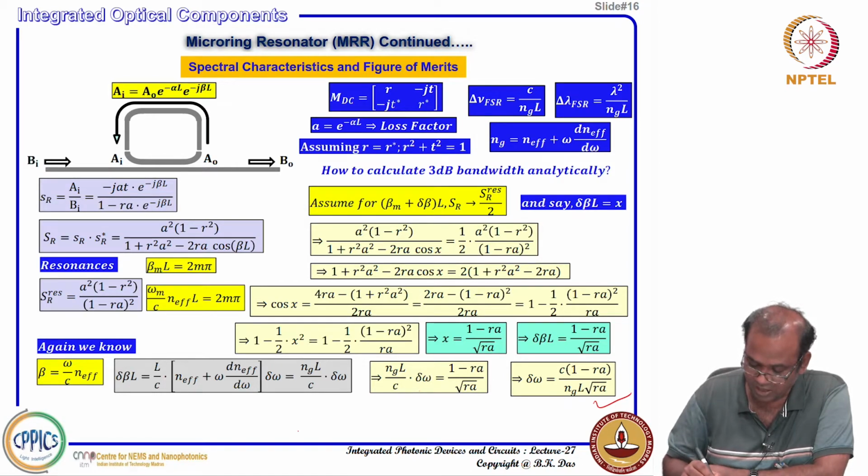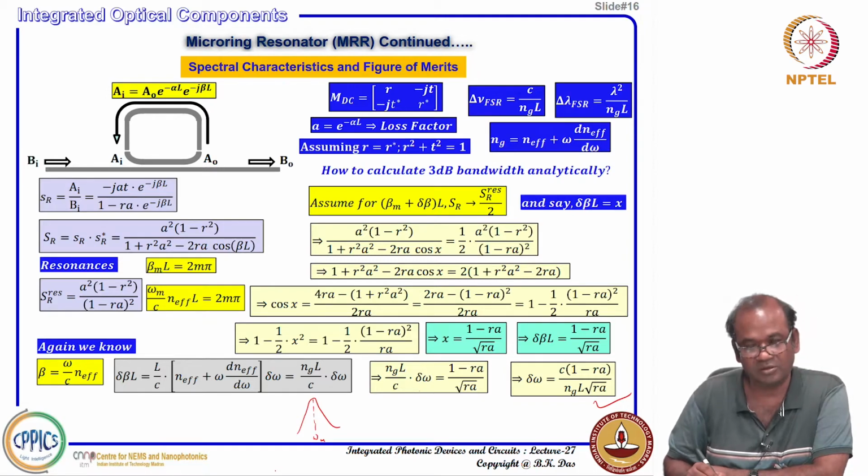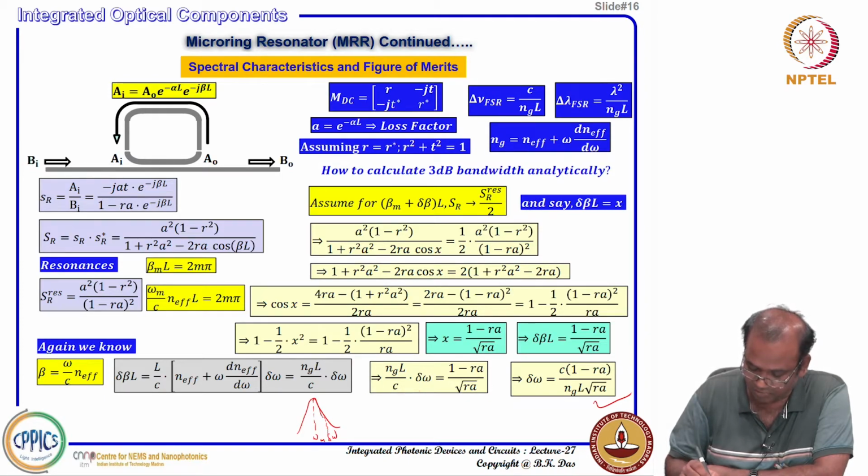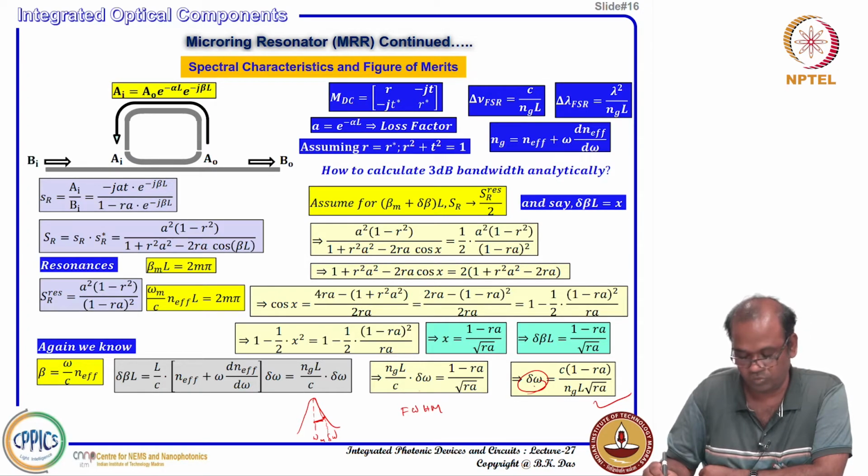Now you see I can say that the resonance spectrum is like this, and this is your omega m, the mth resonance frequency. Now, you move delta omega to this side, then it will drop to half. So, I get this value. If I want to find the FWHM, full width at half maxima, then we have to multiply delta omega by 2.